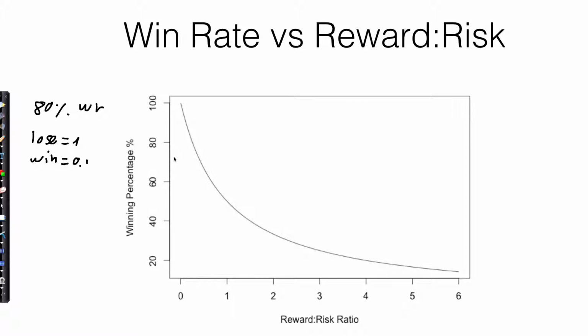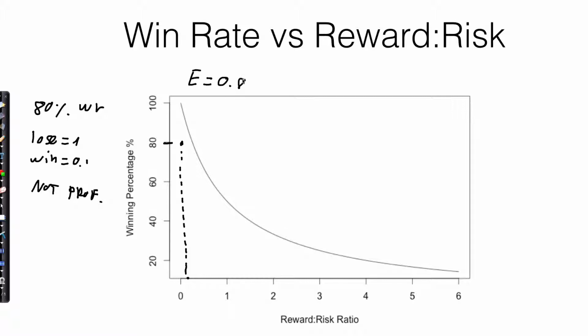Is it profitable? Well, 80% is here, 0.1 I would say is around here, so you are here, right? Is it profitable? It is not profitable. And if you do again the same computation we have done before, what is the expectancy?